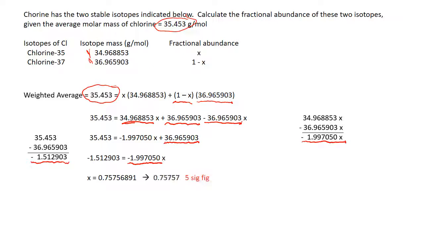The leading zero doesn't count, so rounding to 5 sig figs, I get 0.75757. Taking 1 minus x, I get 0.24243. So let's collect those two, go back up to our table for our fractional abundances. Find the fractional abundance of chlorine 35 is 0.75757. The fractional abundance of chlorine 37 is 0.24243.